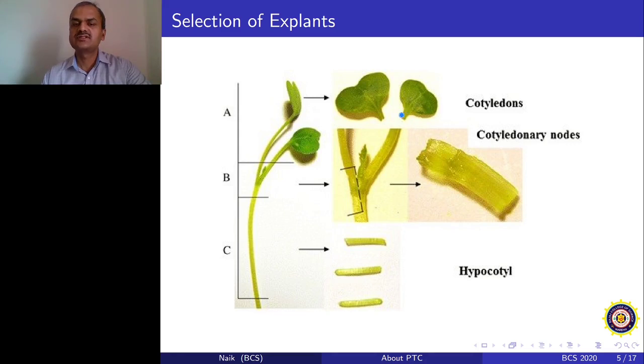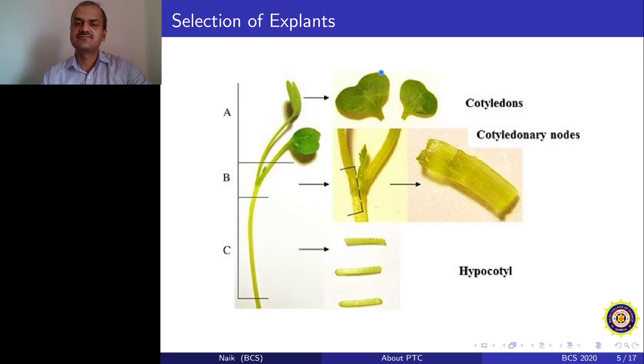Once you inoculate this particular explant on MS basal plus 2,4-D, you will have a lot of bulging from the corner portion of these cotyledons, and that bulging will give rise to callus formation from this region.